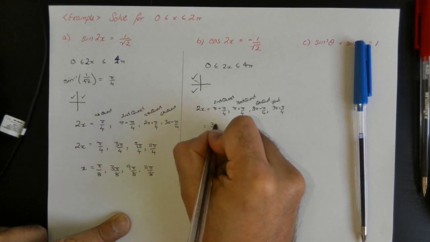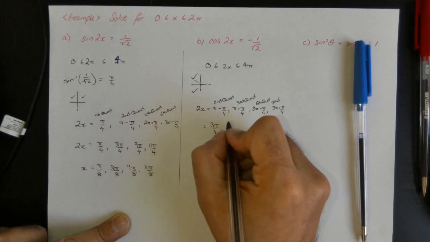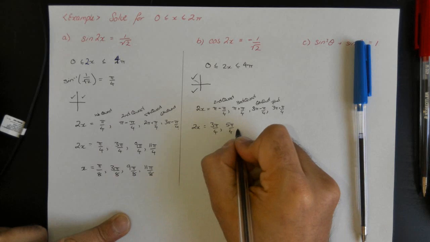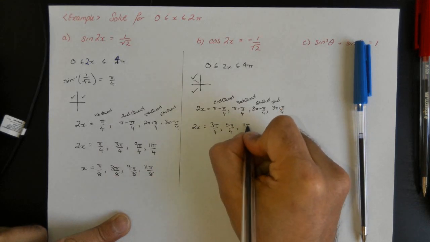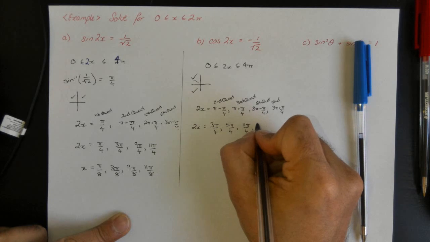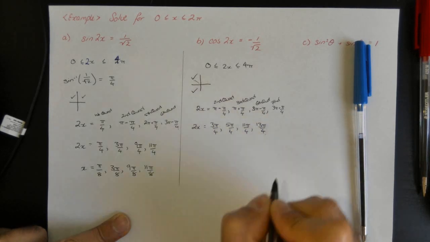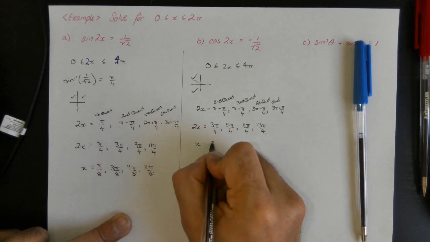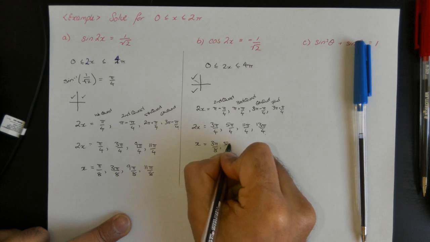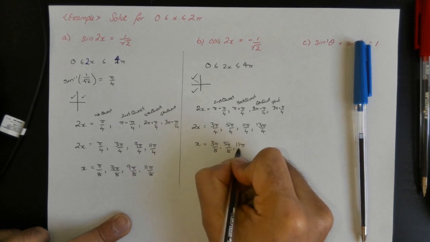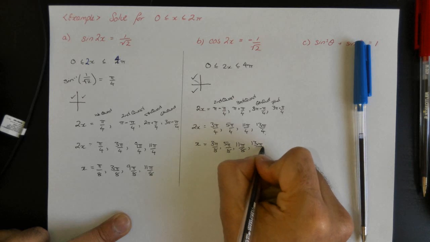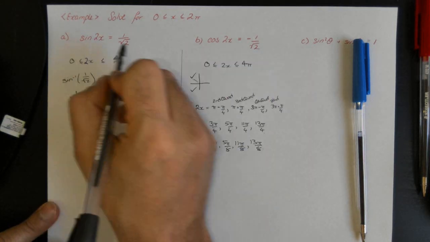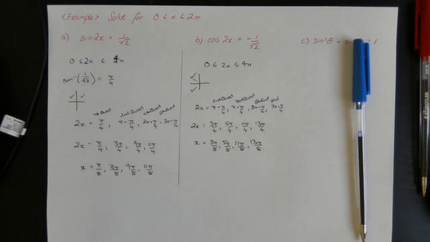So we get 3 pi on 4, 5 pi on 4, 11 pi on 4, and 13 pi on 4. Multiplying by a half, or dividing by 2, we get 3 pi on 8, 5 pi on 8, 11 pi on 8, and 13 pi on 8. So be careful when we have the period changing.